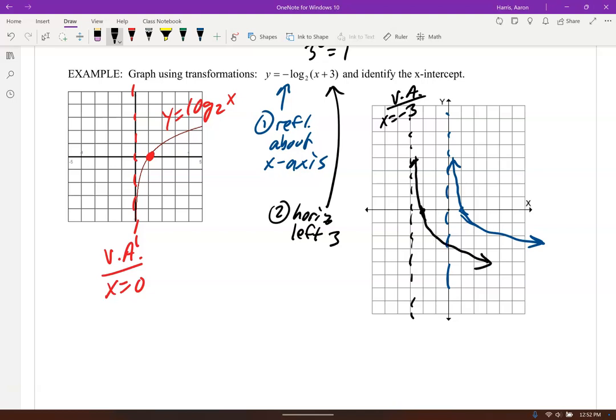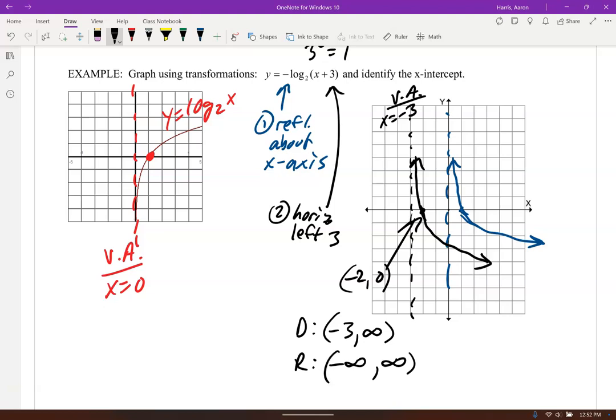And the rest of it is the same. So there's our x-intercept, negative 2, 0. Right? Our domain here is from negative 3 on. Our range is all reals. Negative infinity, positive infinity would be our range.